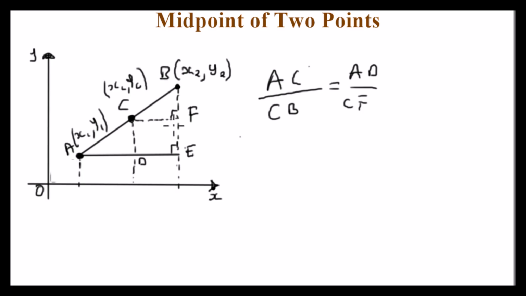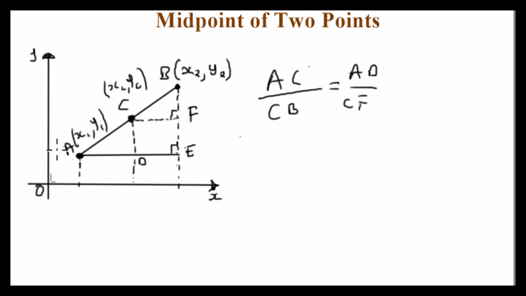Either all sides are proportional, or 2 angles and a side are equal, or 2 angles are equal, because if 2 angles are equal, then definitely the third angle will also be equal. Now we said this is angle 90, so definitely this also will be angle 90. Then the angle at C will definitely be equal to the angle at A, which is easily tested from geometry because they're corresponding angles.